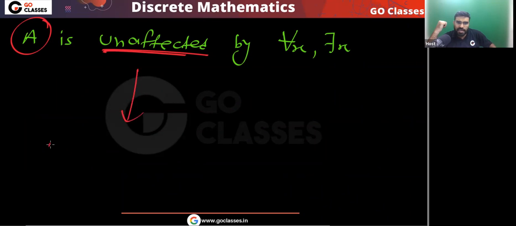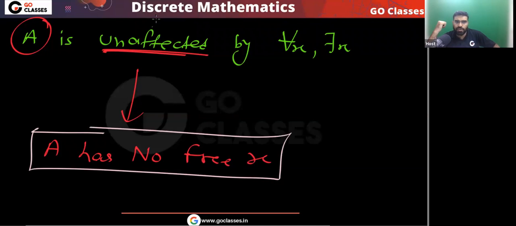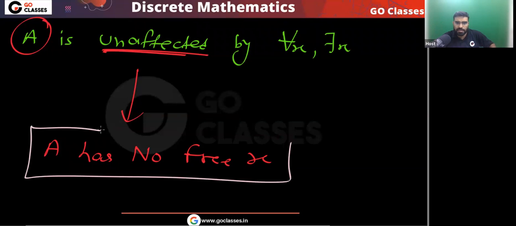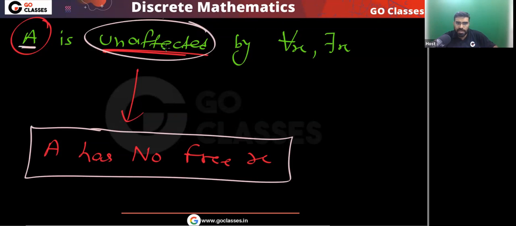It simply means a has no free variable x. Agree? It simply means a has no free x. Is this point clear to everyone? This is important. If this is completely unaffected by for all x, there exists x, then it simply means that a has no free x. And if a has no free x, then I can say this. So yeah, that is correct.